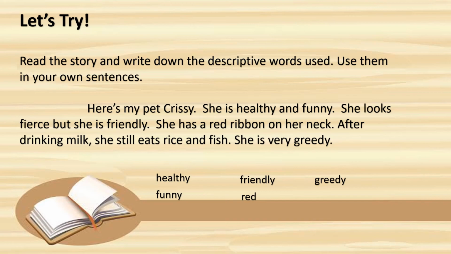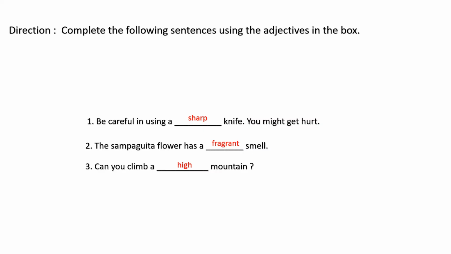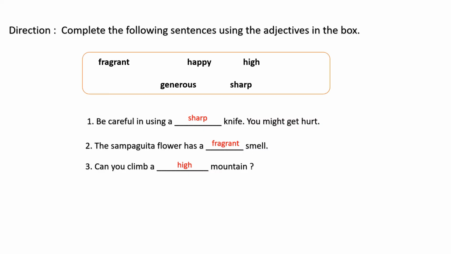Okay, for this activity here, the direction says complete the following sentences using the adjectives in the box. The descriptive words present are fragrant, generous, happy, high, sharp. As you see, I already have reflected the answers. So let's see if my answers are right.